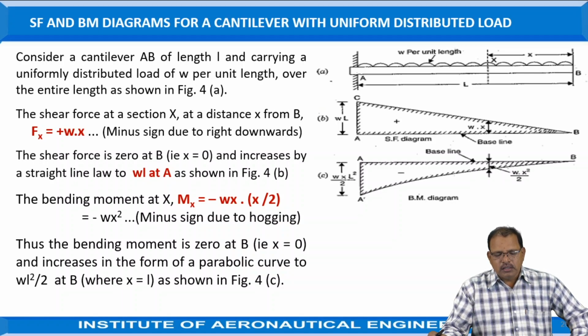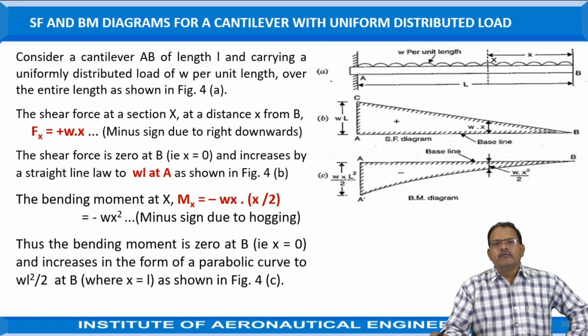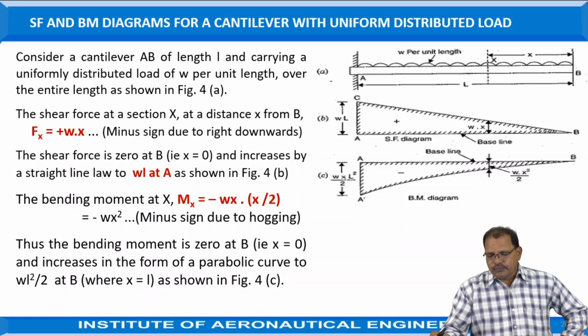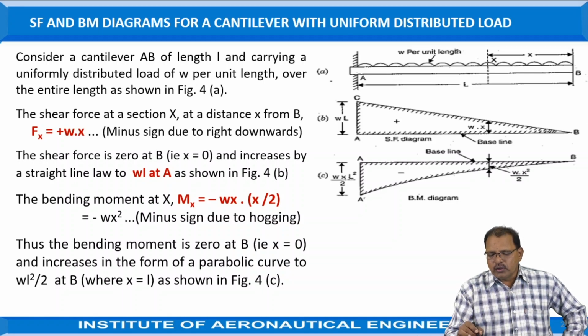Now we are considering the shear force and bending moment diagram for the cantilever beam when it is subjected to a uniformly distributed load over it. Let the cantilever beam be AB as shown in the figure, having length L, carrying a uniformly distributed load, generally called UDL, of w per unit length.